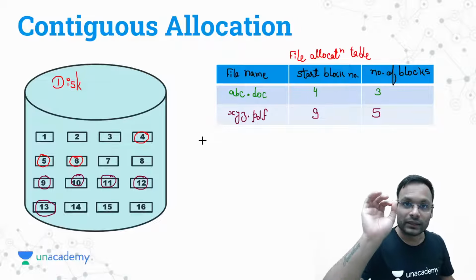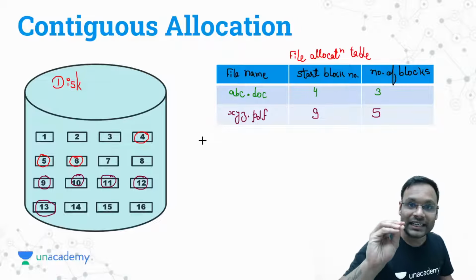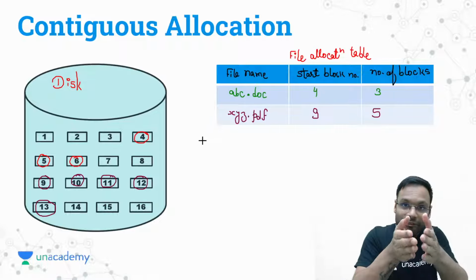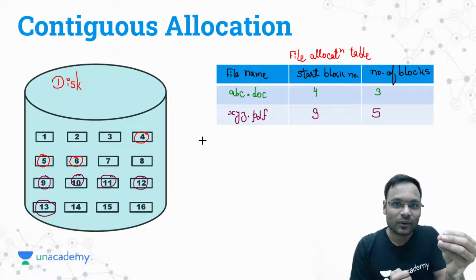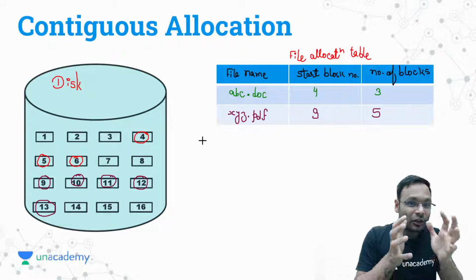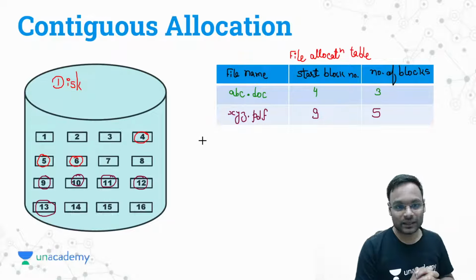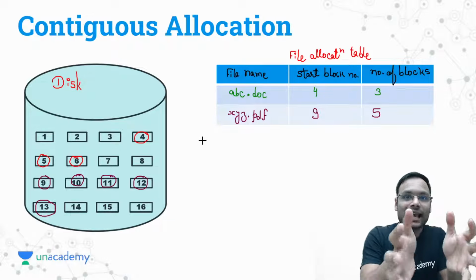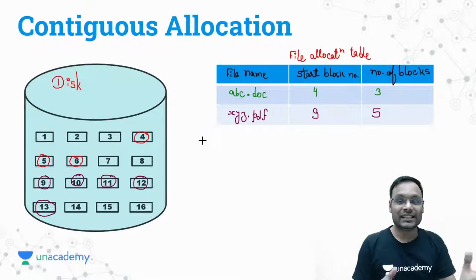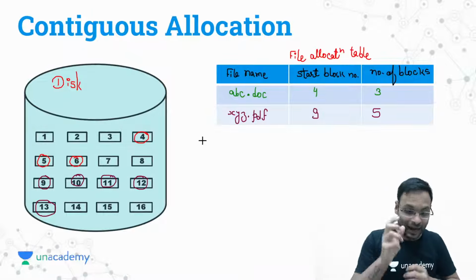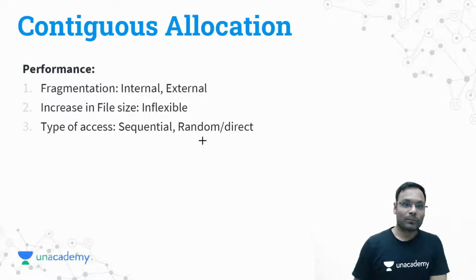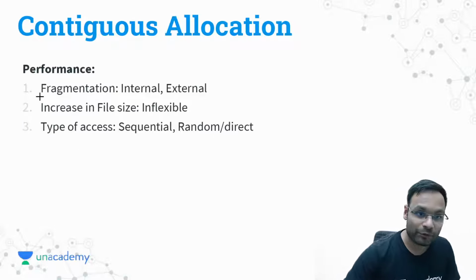So the problem in contiguous allocation is, if file size increases, then this contiguous allocation will not be so flexible, because 3 more blocks may not be available to us contiguously. That can be a problem. So some points I have here. First of all, fragmentation.